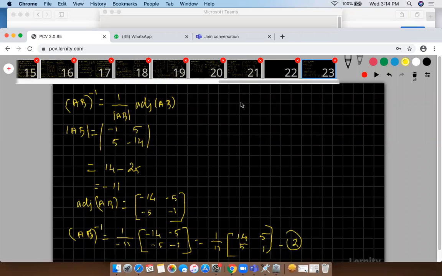So from 1 and 2, both are equal. AB, the whole inverse, left hand side, is equal to B inverse into A inverse. This result is always true for any two non-singular matrices whose inverse exists. Please note that.